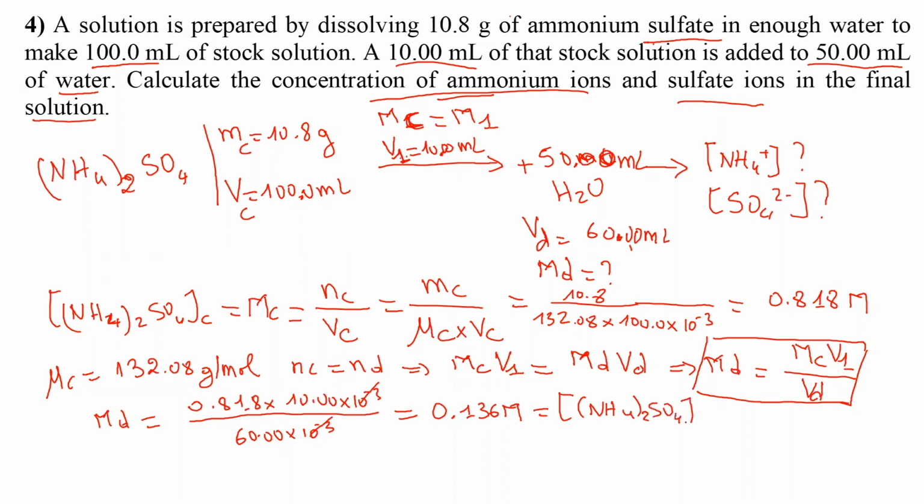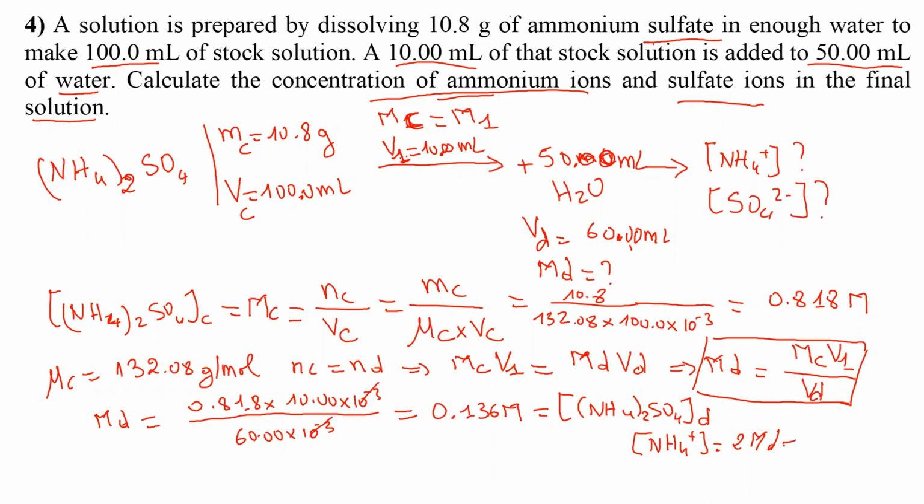This is equal to the concentration of ammonium sulfate after dilution. Now from this, how can I know the concentration of ammonium? I know that the concentration of ammonium plus will be 2 times MD, because I have 2 times more ammonium ion than the ammonium sulfate.